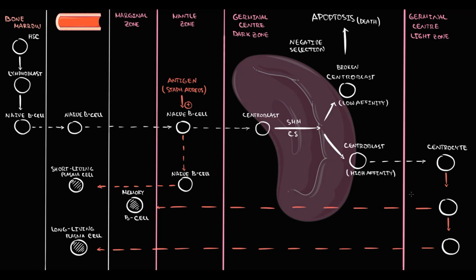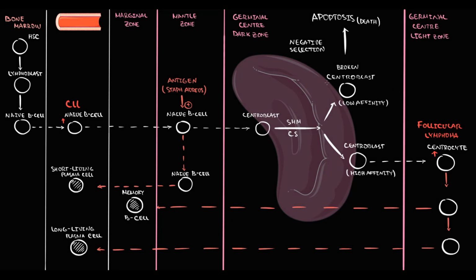If mutation inhibits apoptosis of naive B cells, the amount of B cells in the blood increases, and this condition we call chronic lymphocytic leukemia. Some mutations cause immortality of centrocytes. The amount of centrocytes in the germinal center increases, and this causes hyperextension of the germinal center light zone, and exactly this happens in follicular lymphoma.